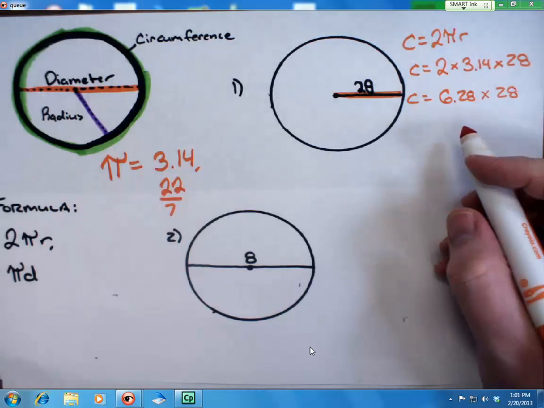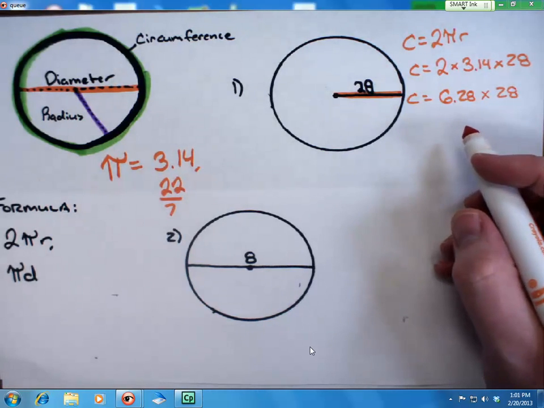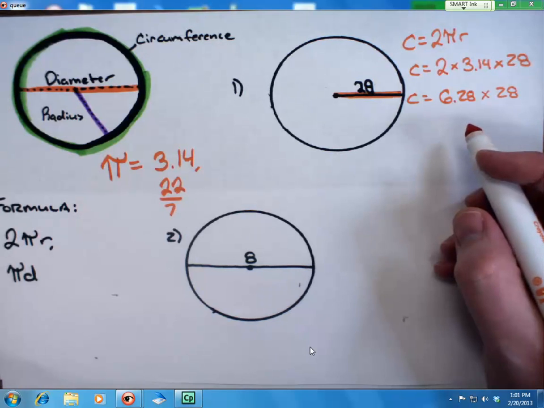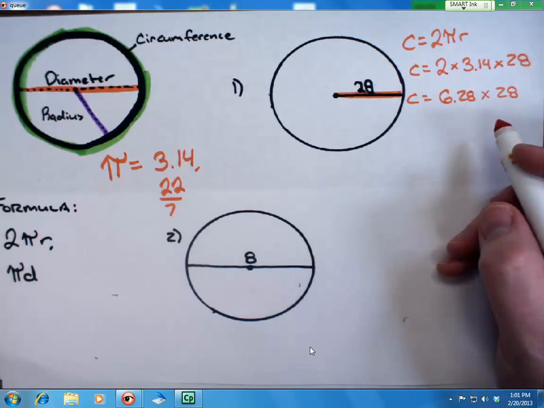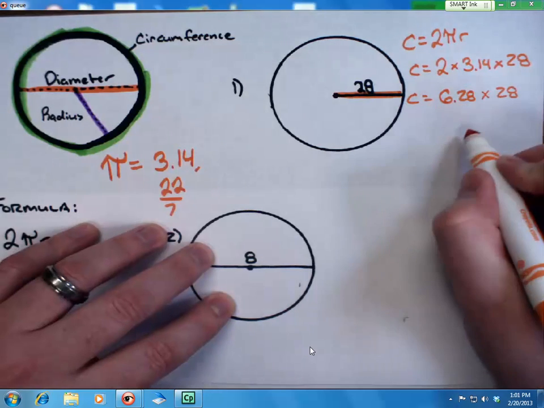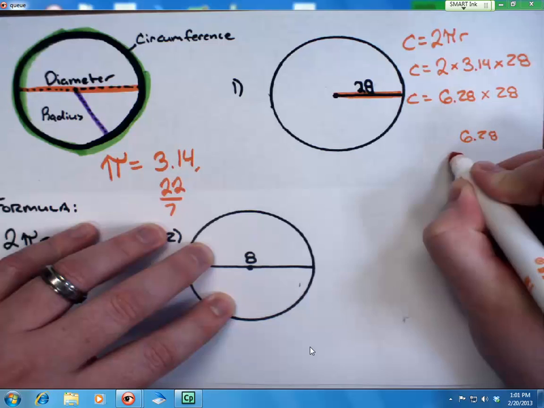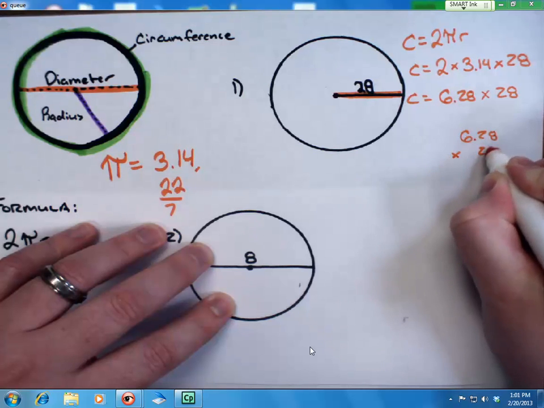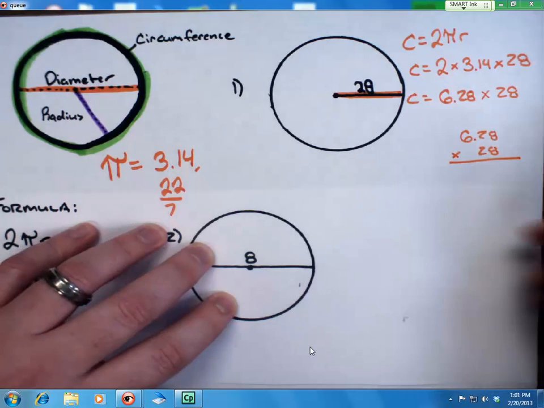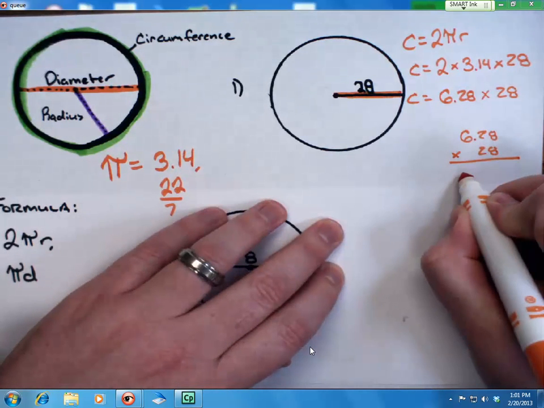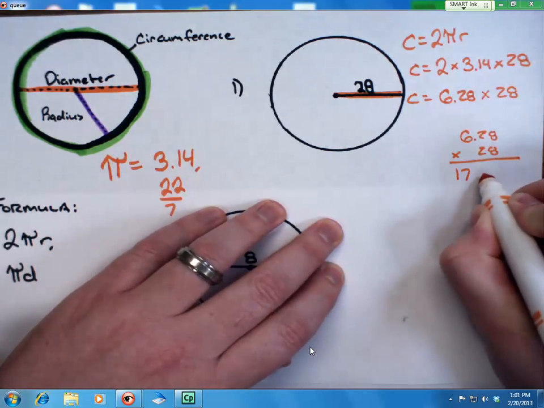Okay, so whenever I multiply 6.28 times 28, that gives me a big number. When I multiply those together, it gives me 17,584.